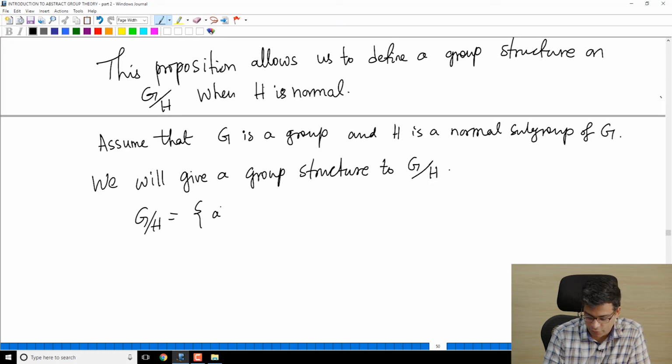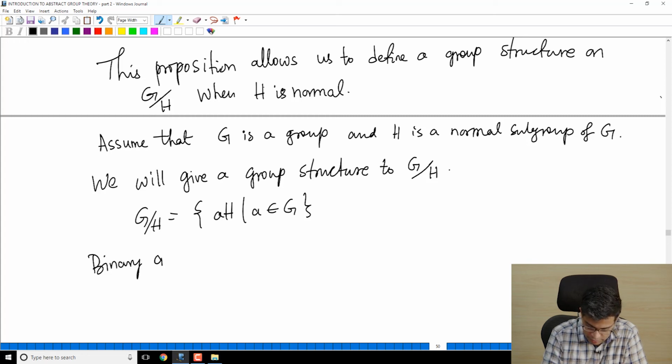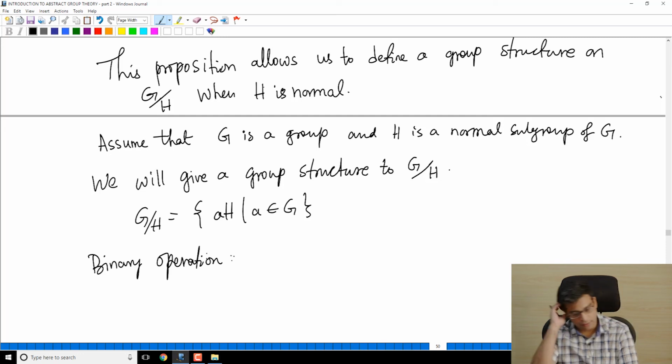Okay, so first of all, recall what G mod H is. This is the set of left cosets aH as you vary a in G. So what is the binary operation? Remember, the definition of a group is you start with a set and define a binary operation on the set, and verify that there is an identity, every element has an inverse, and the binary operation is associative.